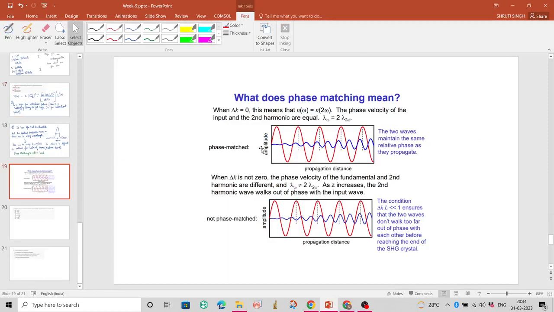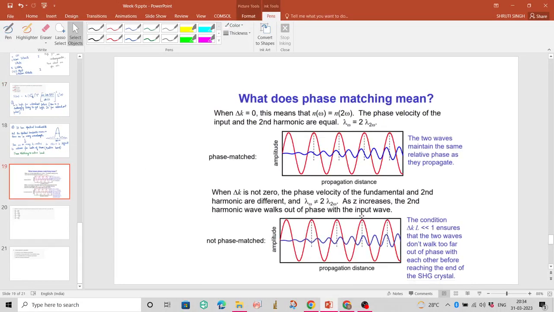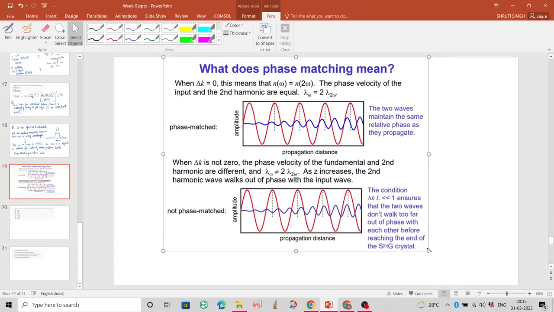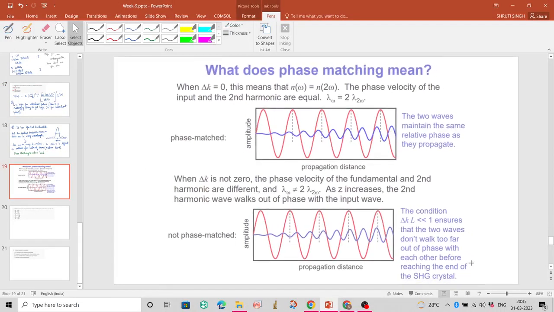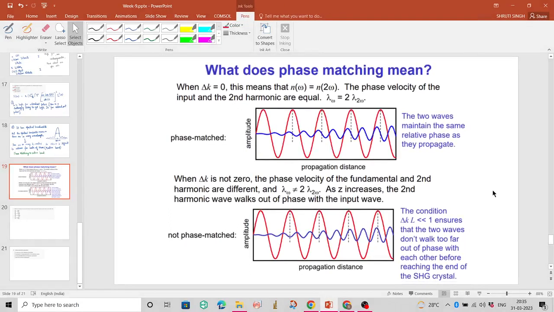So here I have given an example of what a phase matching means. So what does phase matching mean? When delta k equals to 0, and this phase matching condition we had seen in the previous session, that the refractive index of our fundamental should be equal to the second harmonic.